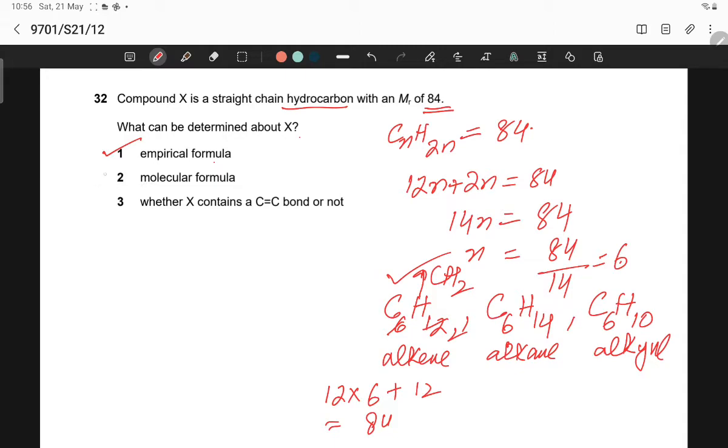We can determine the molecular formula, whether X contains a C to C double bond or not, because hexene, Mr of hexene is 84 and hexene contains one double bond. So this is also incorrect. This is also a correct option statement. So if all three are correct, then option A.